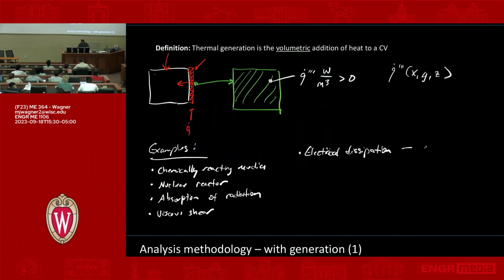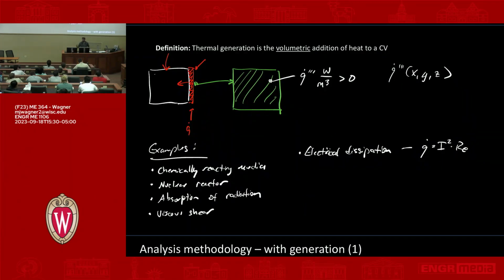So G dot is equal to current squared times the electrical resistivity, RE. Just remember that one. There's kind of different forms that takes. Gas compression, some other stuff comes up, but these are examples, right? This is the generation idea.